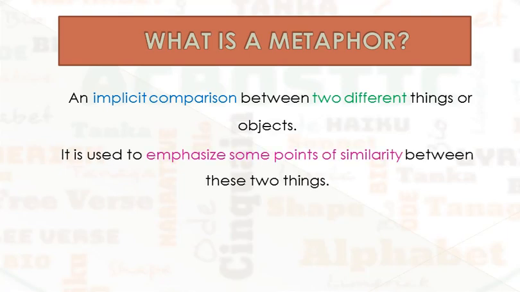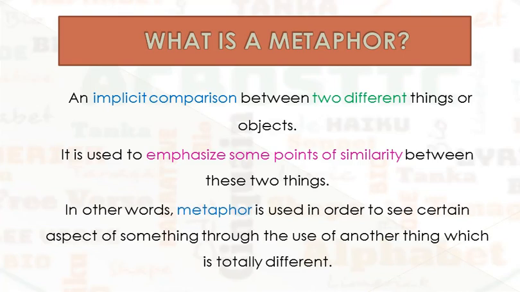It is used to emphasize some points of similarity between these two things. In other words, metaphor is used in order to see certain aspects of something through the use of another thing, which is totally different.